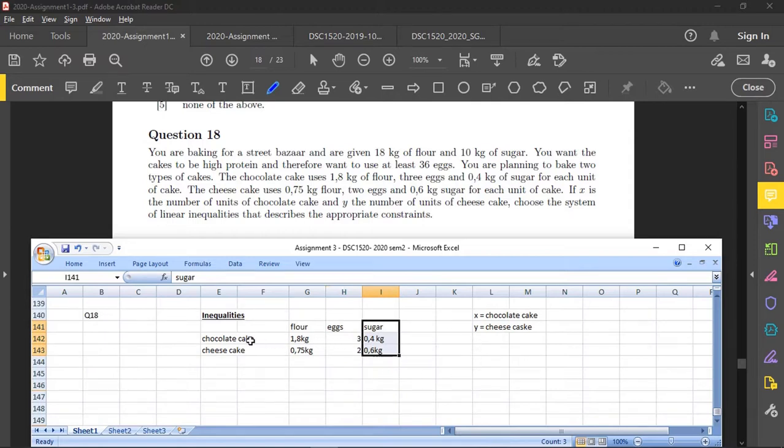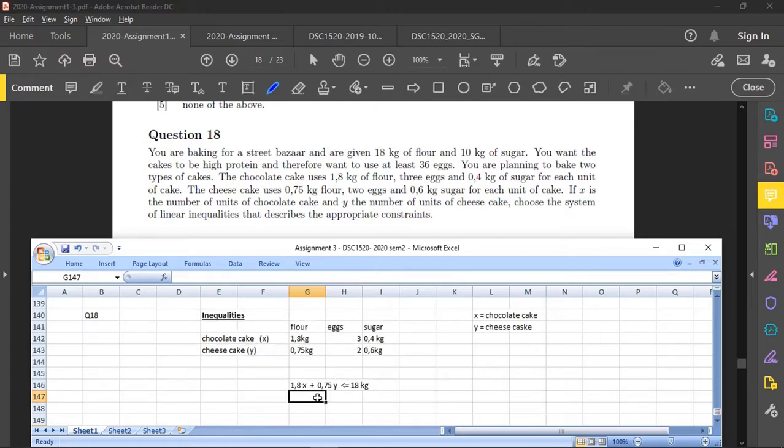Chocolate cake is X, cheesecake is Y. How much flour do I have? 18 kilograms. So I'm going to have 1.8x plus 0.75y must be less than or equal to 18 kilograms of flour. So the number of cakes times the amount of flour it needs per cake.